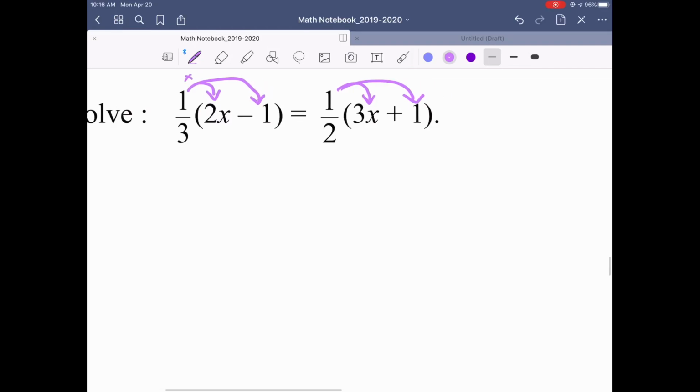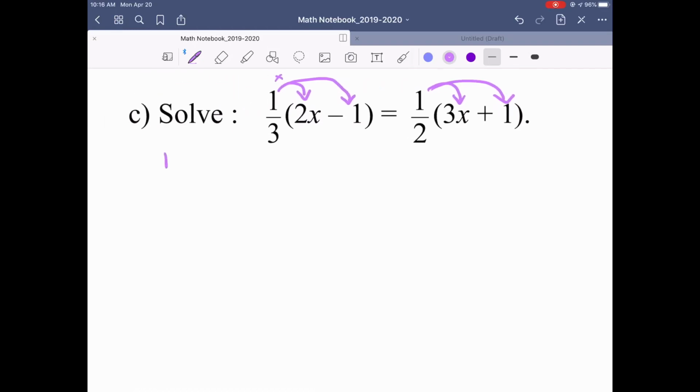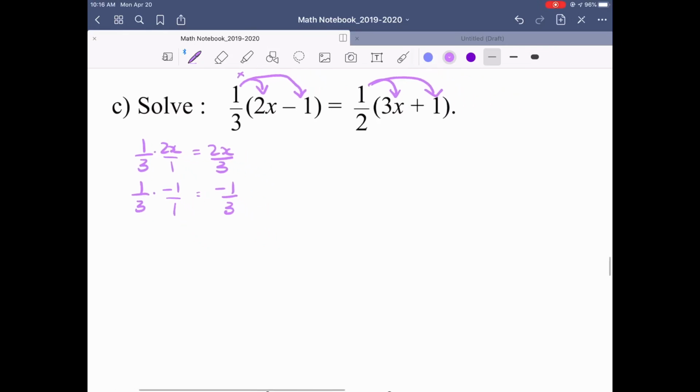So 1/3 times 2x is 2x over 3, because remember, anything that doesn't have a denominator is over 1. And then 1/3 times -1, which is over 1, is -1/3. So when we distribute this, we get 2x over 3 minus 1/3.